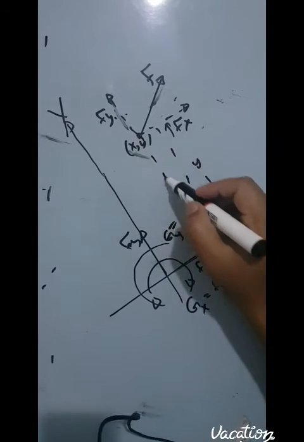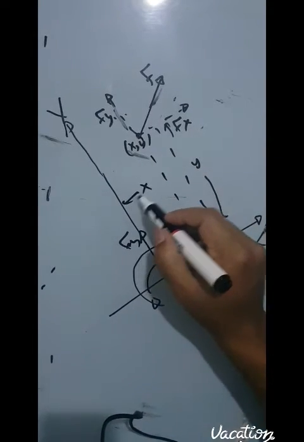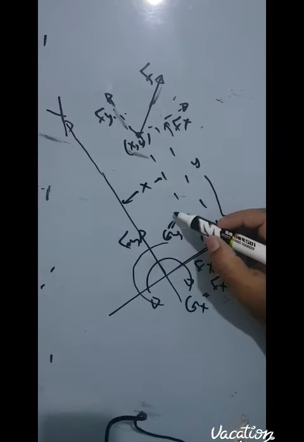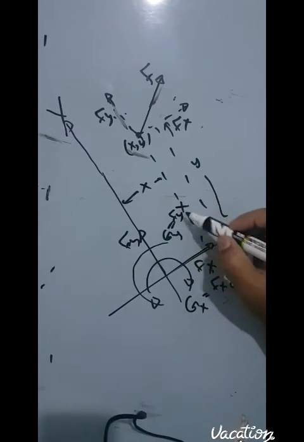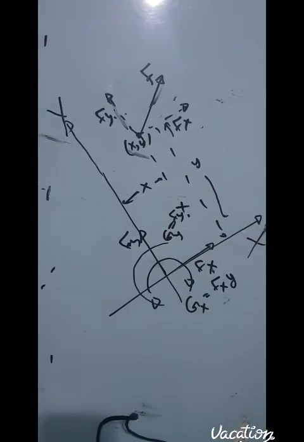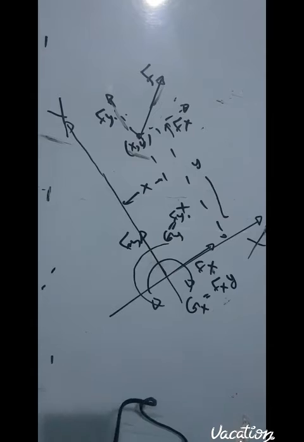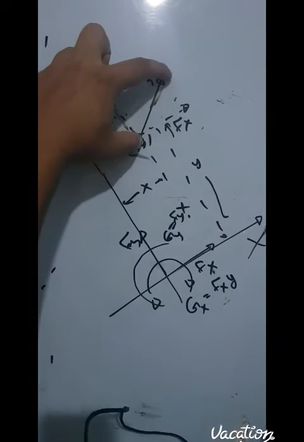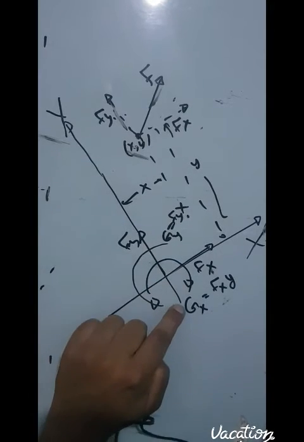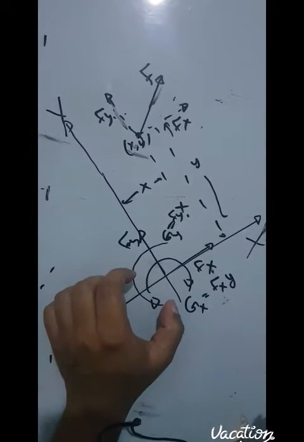What is the distance? X is the distance, right? Gy is Fy into x. I hope you can see this, right? Now what do we have? We have transferred this force to an arbitrary point by introducing a couple. We have now two couples here.